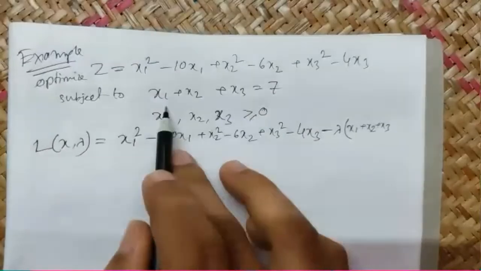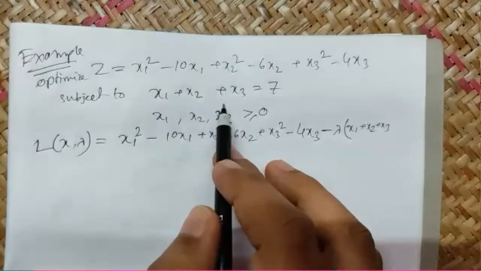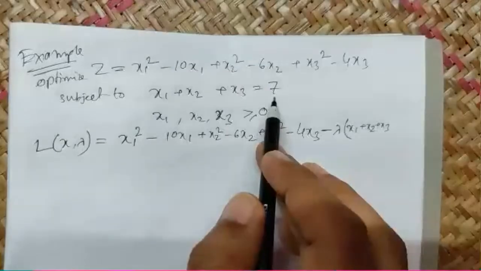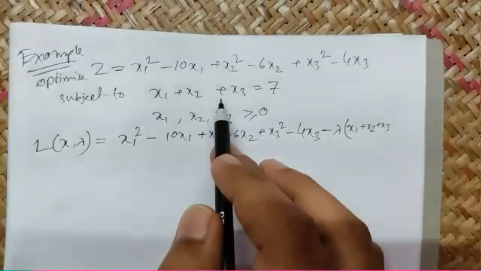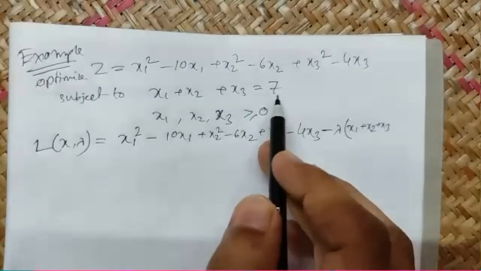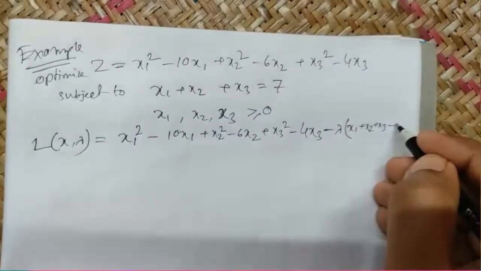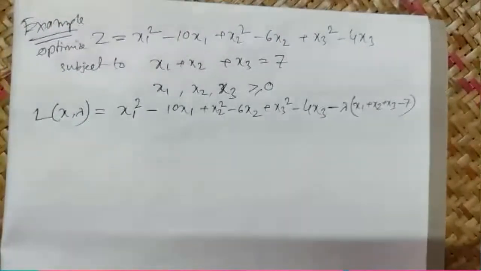Remember g(x) equal to b_i, and we have formed h(x) equal to g(x) minus b_i, and on the right hand side we have kept 0, so 7 will be on the left hand side, minus 7. So this will be our Lagrangian function. Now we have to optimize it.